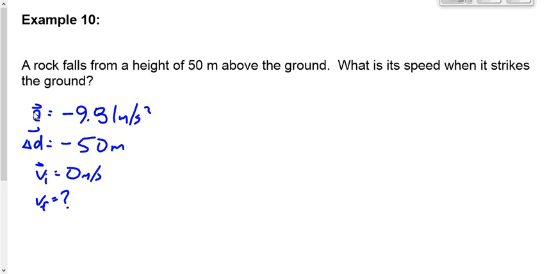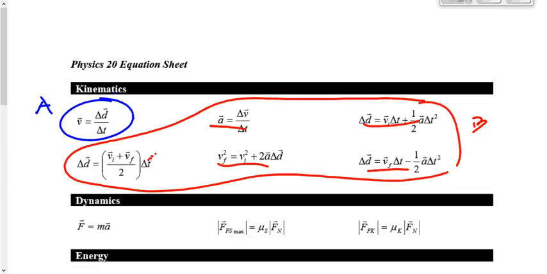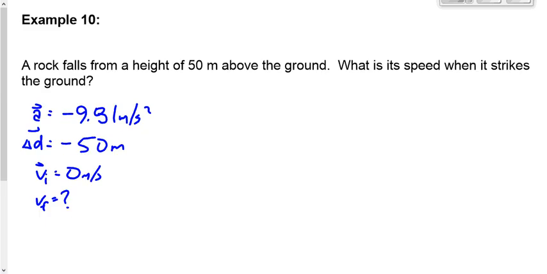Which equation do you want to use? Yeah, any of these Group B equations are valid, right? Let's try that middle one, bottom. That's the one you want to try first, so let's give it a whirl here. VF squared is equal to VI squared plus 2A times delta D. If we rearrange this, we're solving for VF, so that's about the easiest variable in this equation to rearrange for.